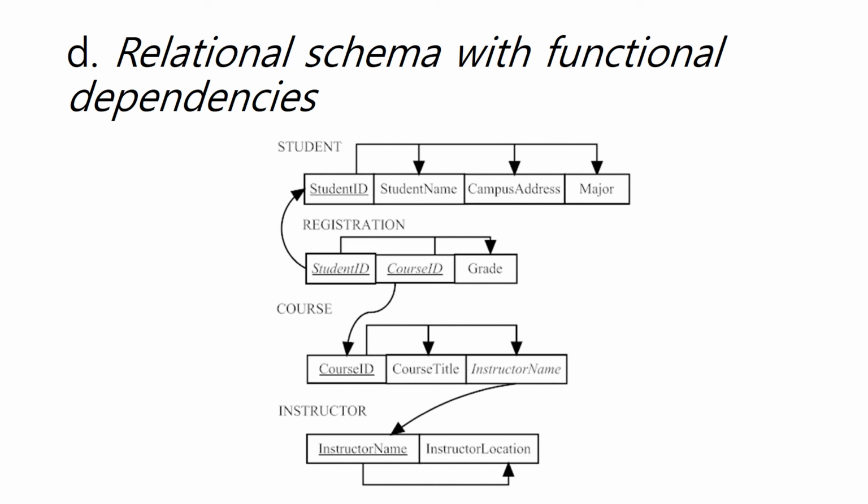Course ID in the course table and course ID in the registration table must have referential integrity. Instructor name in the course table and instructor name in the instructor table must have referential integrity.